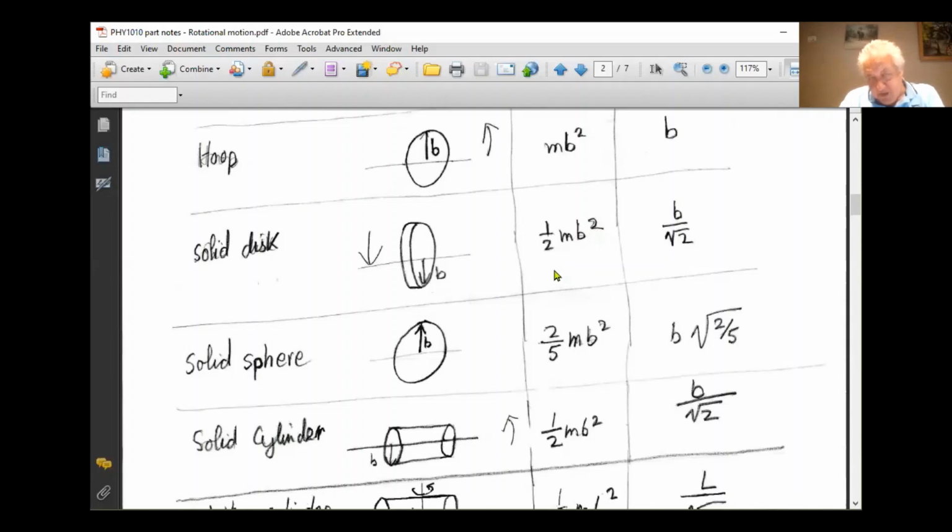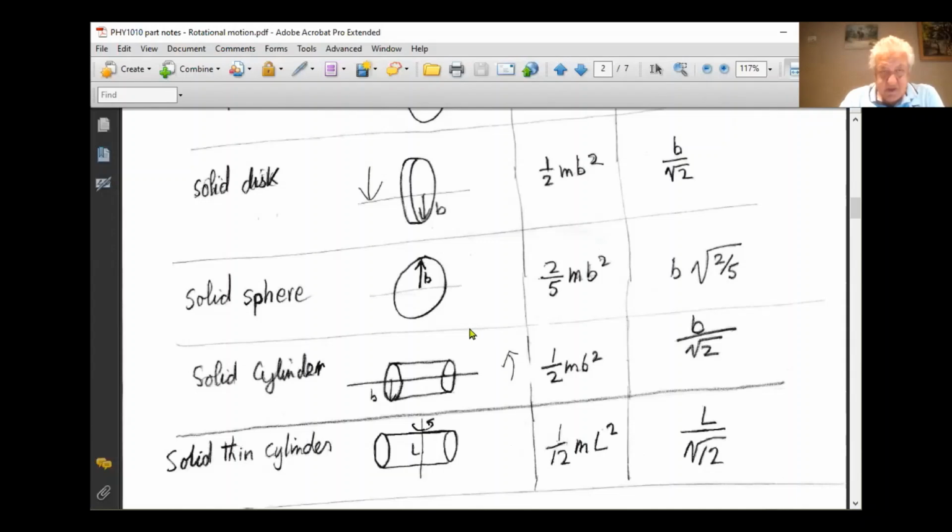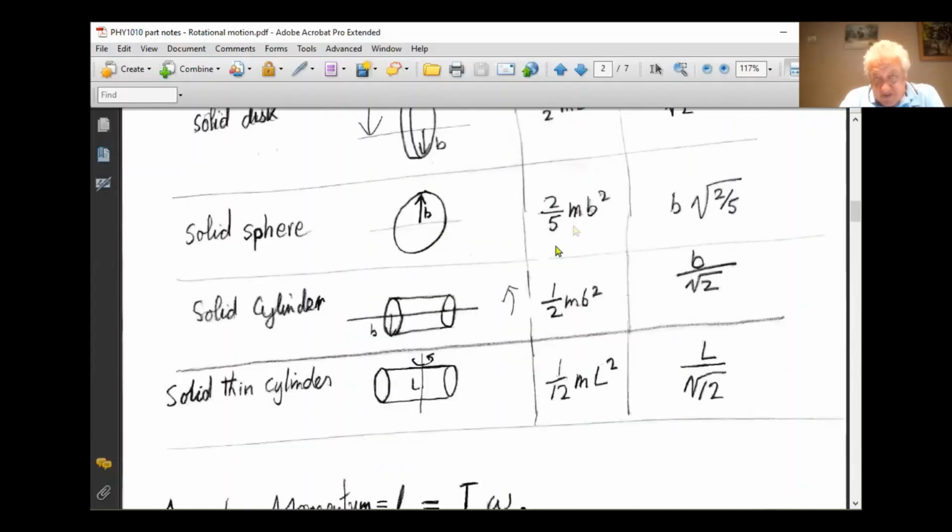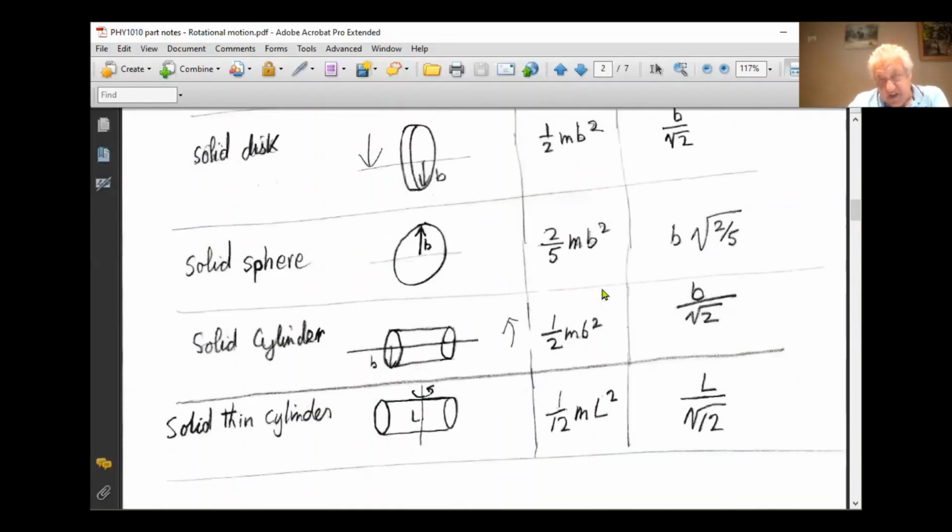So if I compare it with mk squared, then my k is equal to b over the square root of 2. For a solid sphere, it's 2/5 mb squared. Comparing with I equals mk squared, I take the square root of b squared times 2/5 to get my k. For a solid cylinder, it's a half mb squared, which is similar to a solid disk. So again, my radius of gyration is also similar, b over root 2.